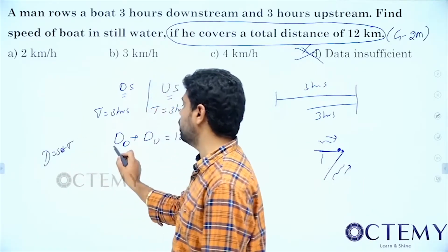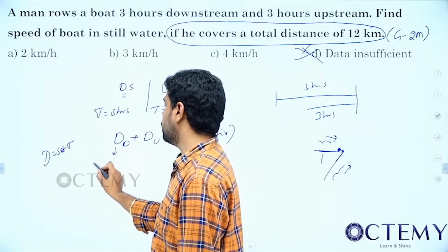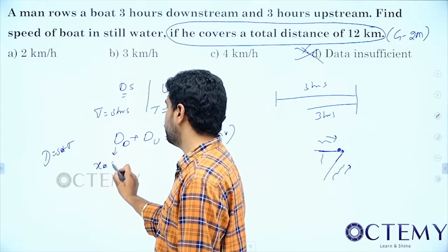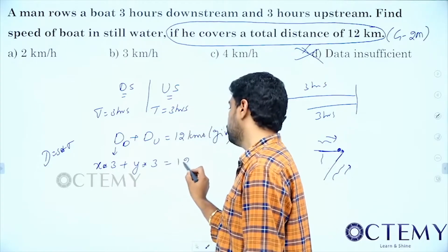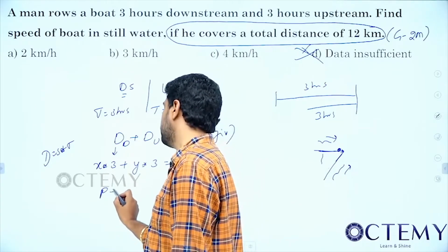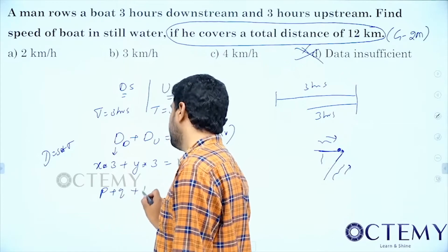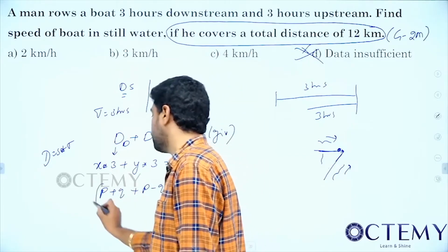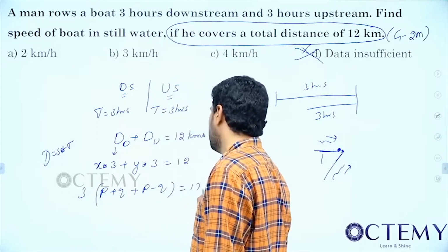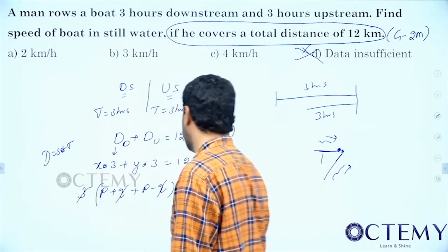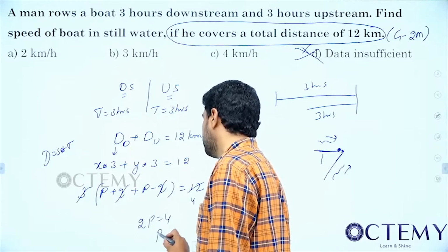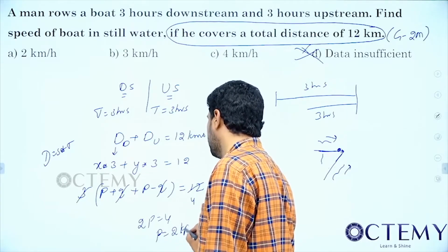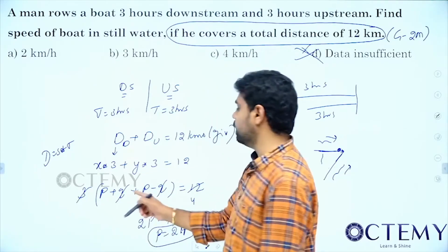The downstream speed is x, so x into 3 plus y into 3 is equal to 12. So this is p plus q plus p minus q, and I take 3 common, equal to 12. Q will get cancelled, so 3 ones and 4. So 2p is equal to 4, and from this p equals 2 km per hour. See here, q is getting cancelled.